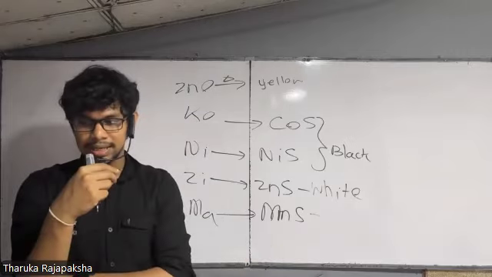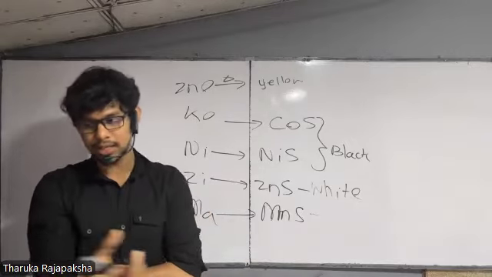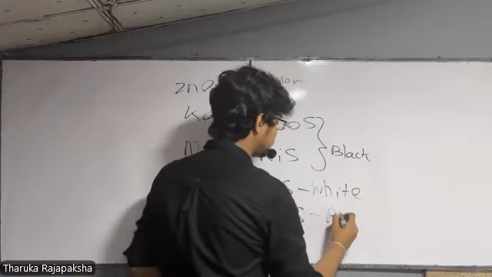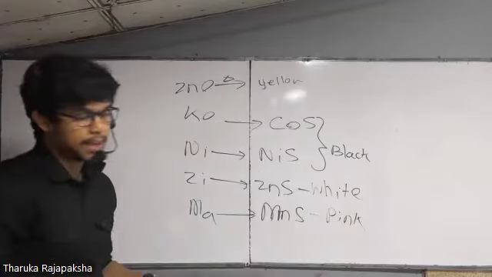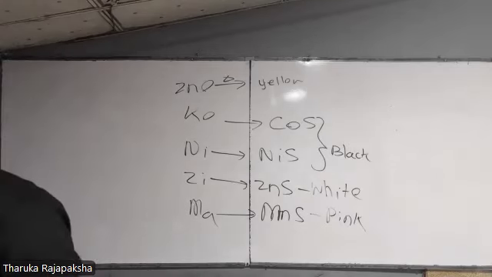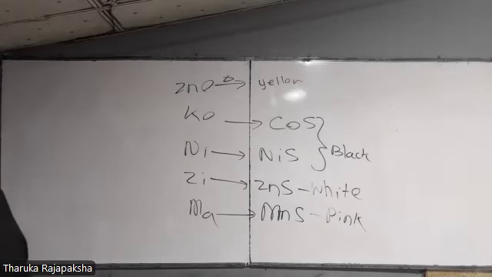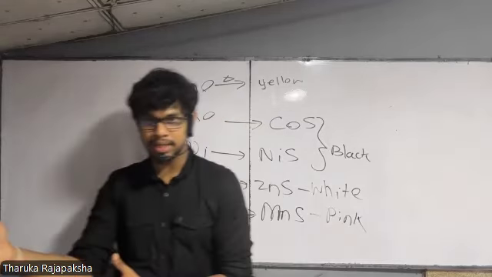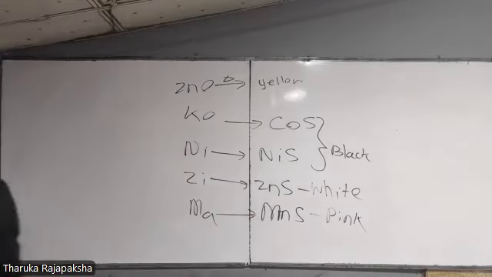Manganese is light pale pink, and manganese sulfide is pink color. Okay, write this down. So, Ko ni zi ma, meaning these three precipitate as sulfides, the cations which need a large amount of sulfide will be precipitated in this one.